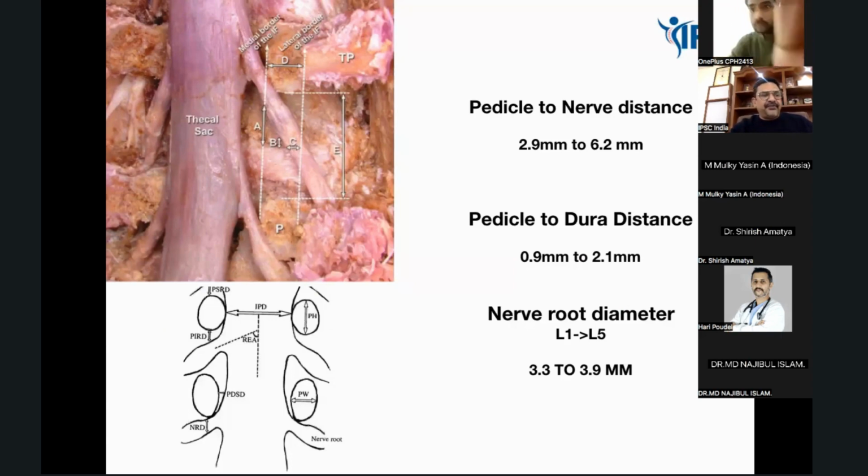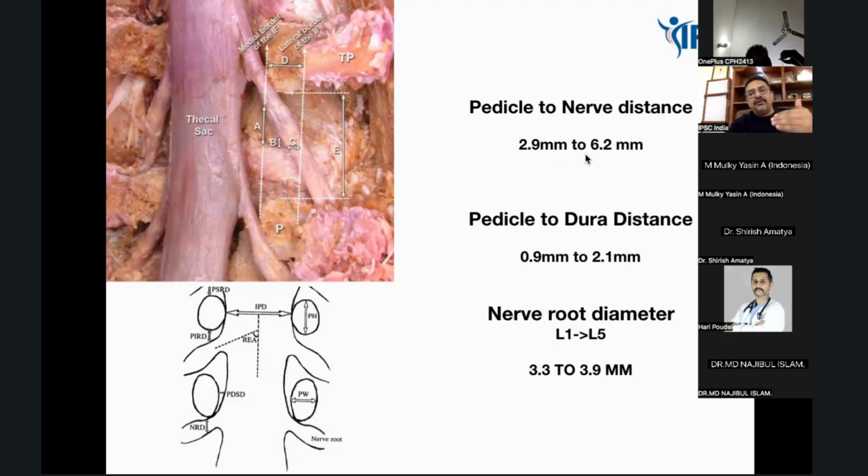These are some of the parameters which we should know, just to see where the nerve root lies, what is the relation of the nerve root with the disc, with the pedicle. So we should know about all these things. The pedicle to nerve distance, which we normally use for transforaminal neuroplasties, is from 2.9 mm to 6.2 mm.